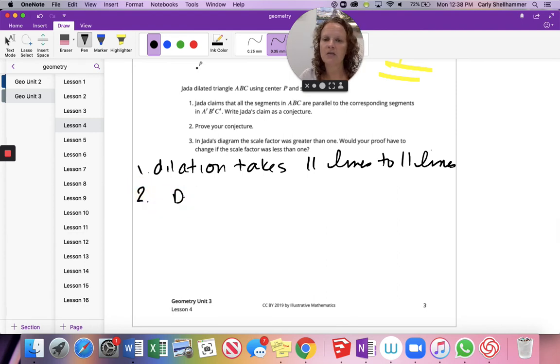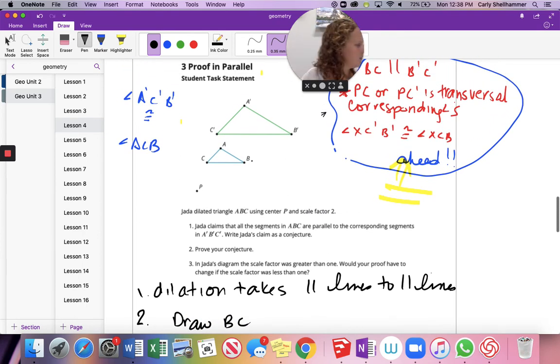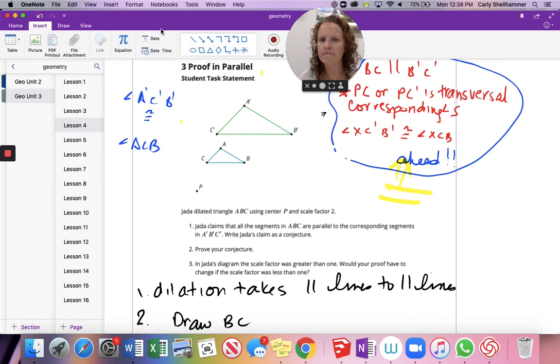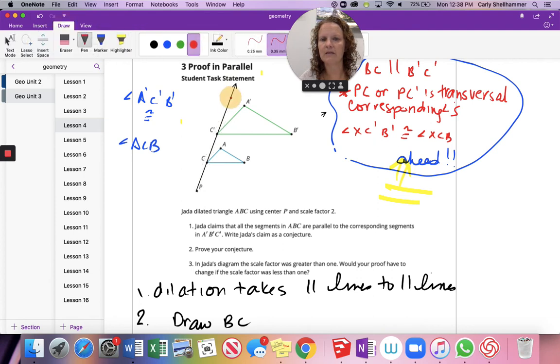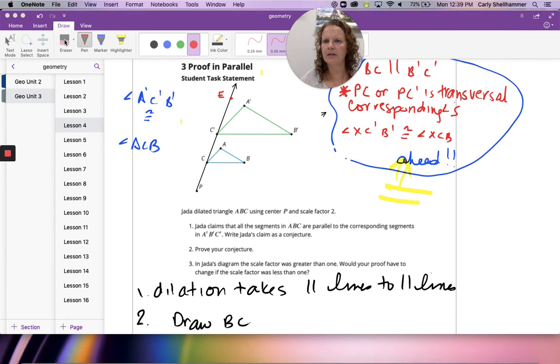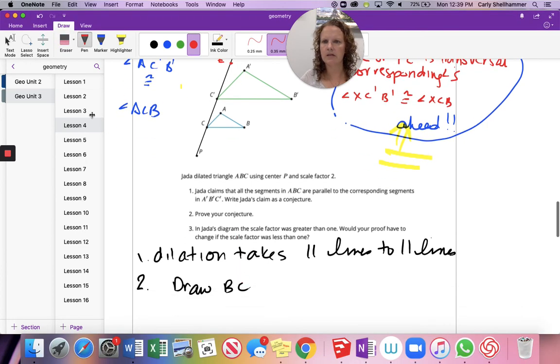So first, we're going to draw BC, which we have, and point P not on BC. Mark point E on ray PC. So let's put that ray in there. I had a point X drawn there before, but that's okay. We can do point E. All right, so I'm actually going to erase this.